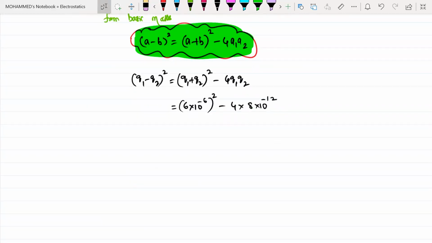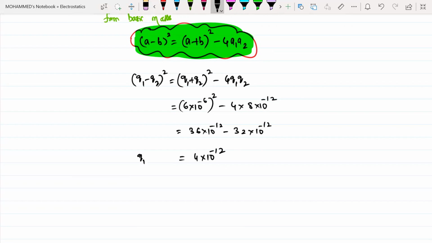So from this, how much will I be getting, beta? 6 squared is 36 into 10 to the power of minus 12, minus 4 times 8, which is 32, into 10 to the power of minus 12. That means 36 minus 32, which is 4, so 4 into 10 to the power of minus 12.